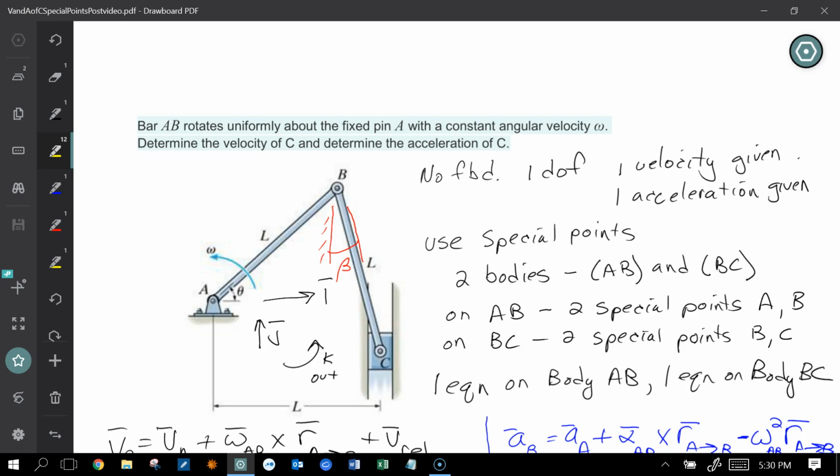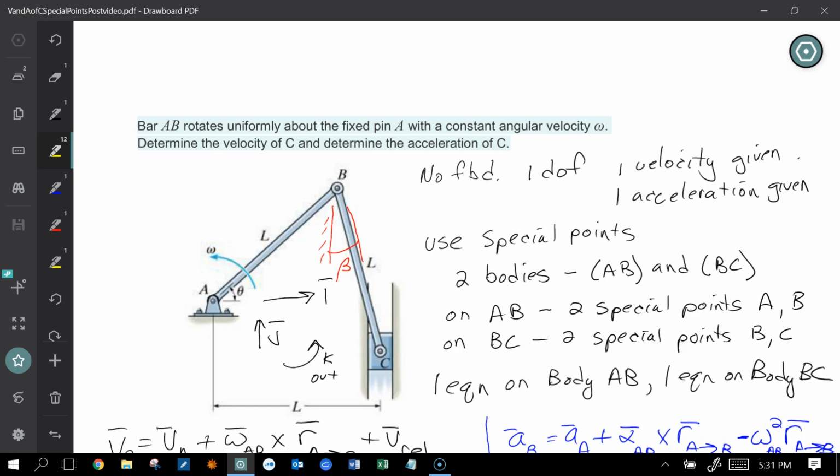What that means is if I am given 1 velocity, I can find any other velocity that you want. And if I'm given 1 acceleration, I can determine any acceleration without needing a free body diagram. We haven't talked about this too much, but also you notice that it is not a time spanner, because they're asking me for the velocity and acceleration at this position.